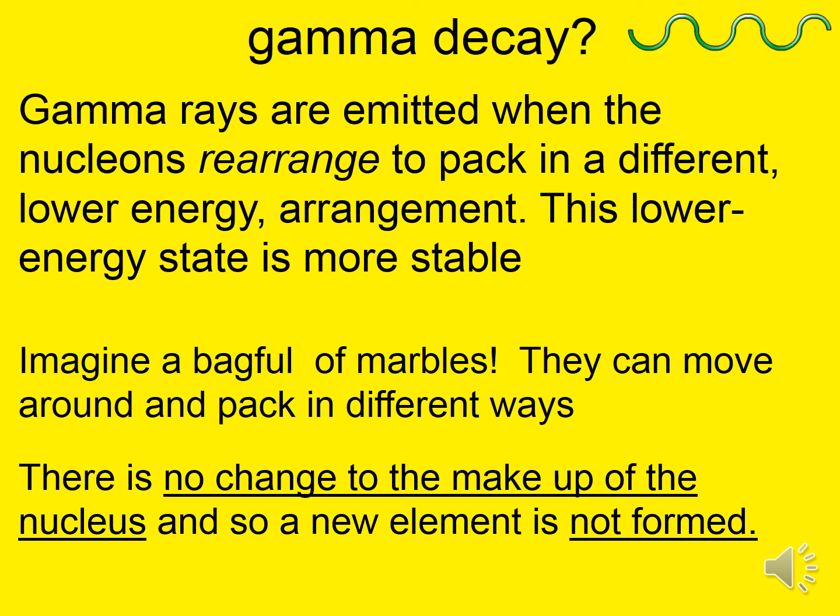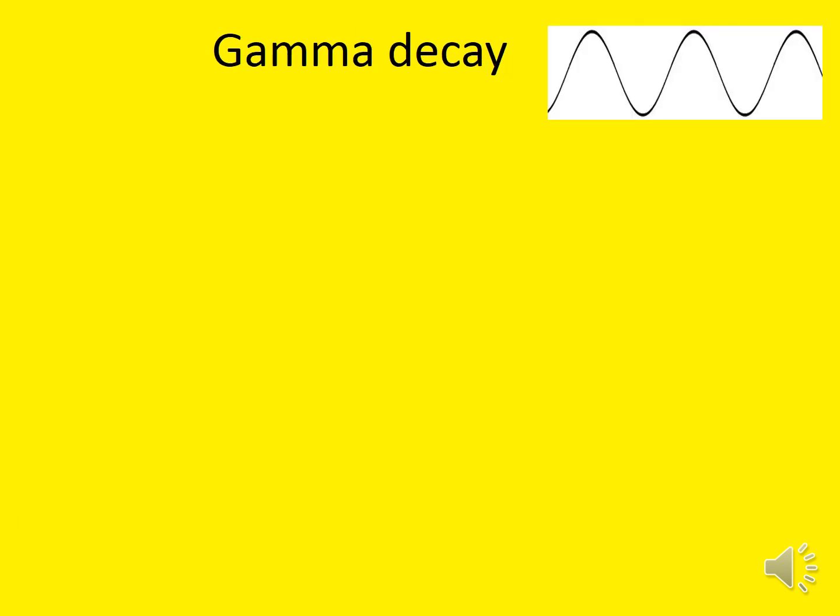What's in there stays exactly the same. So no new element is formed, but the particles in the nucleus repack themselves, rearrange themselves to form a lower energy state, a more stable state, and that energy's got to go somewhere, so it's given out as gamma decay, a gamma ray.